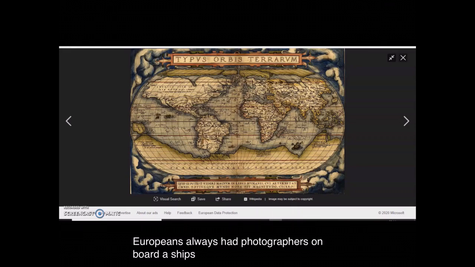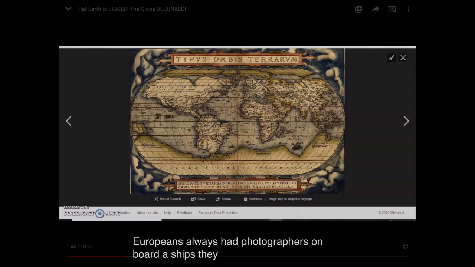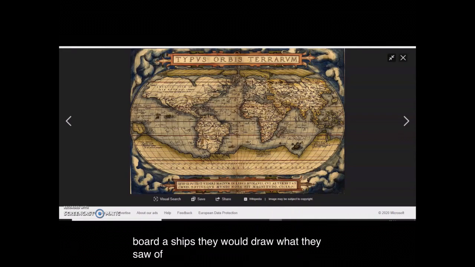But European cartographers were not 100% efficient because they didn't have anything of the sky. So they had to base it off what they observed and how many kilometers they traveled, which leads you to the biggest North America I've ever seen, and an Antarctica that at some points takes up half of the world. They would draw what they saw.